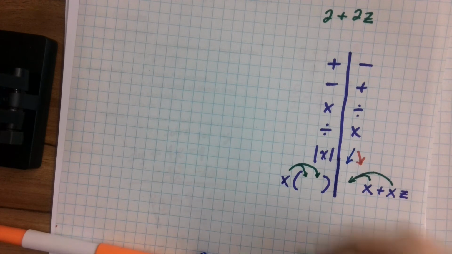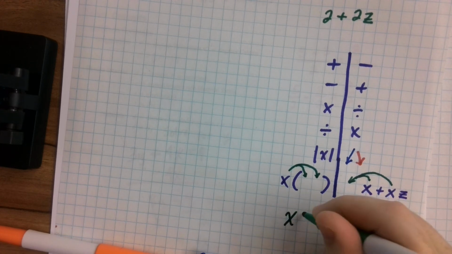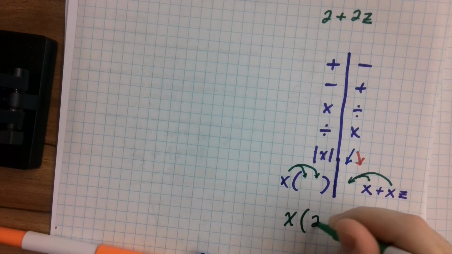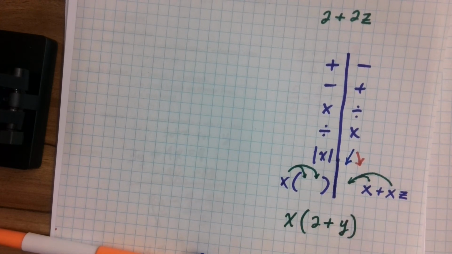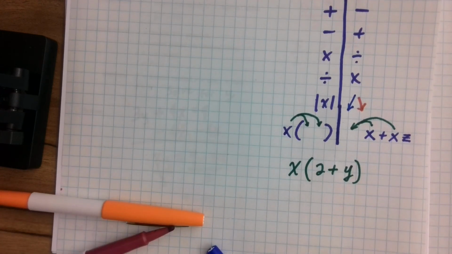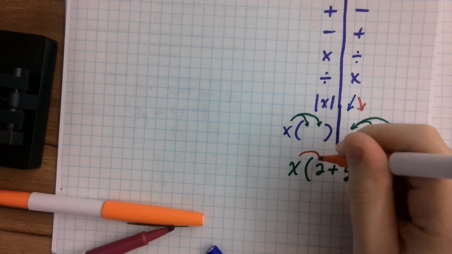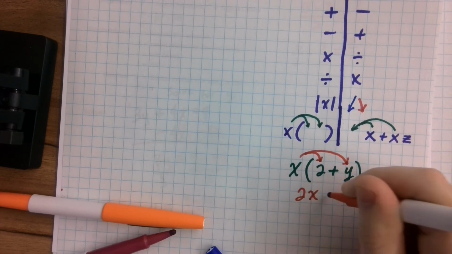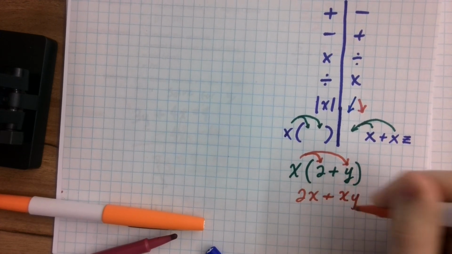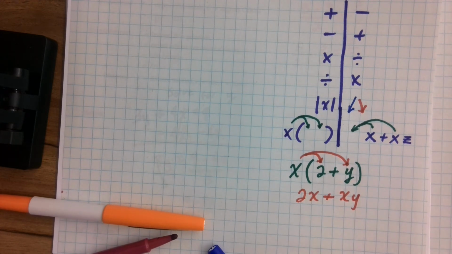For instance, if I had this distribution to do, x times the quantity 2 plus y, well, to distribute, we would take this x, we'd multiply it to the 2 and multiply it to the y, giving us 2x plus xy. But let's say we wanted to go back on that.